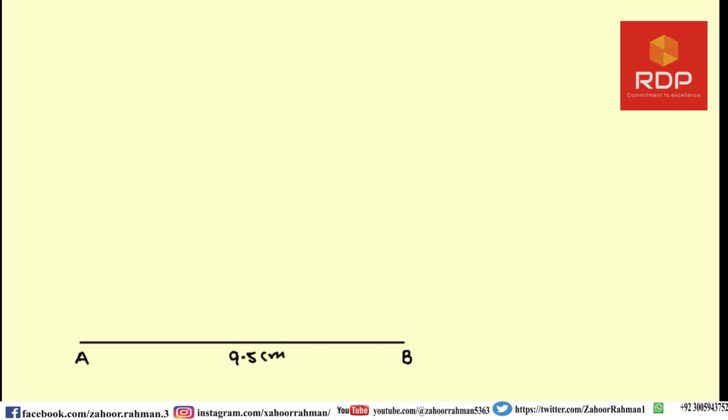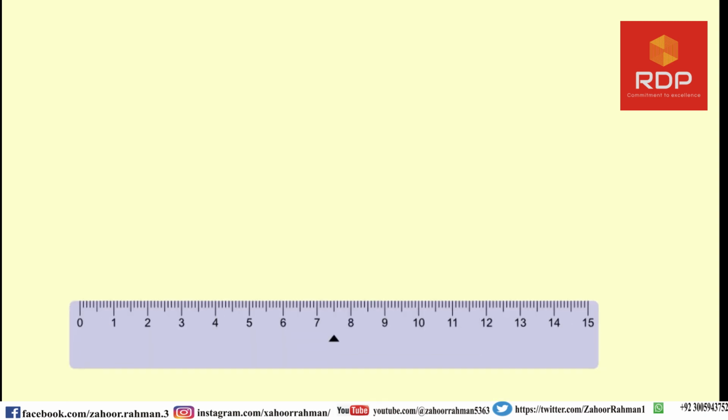Next they are saying construct the perpendicular bisector of AB. Let us draw it again, for your convenience, in the middle.